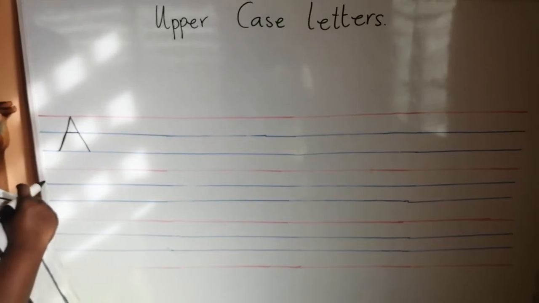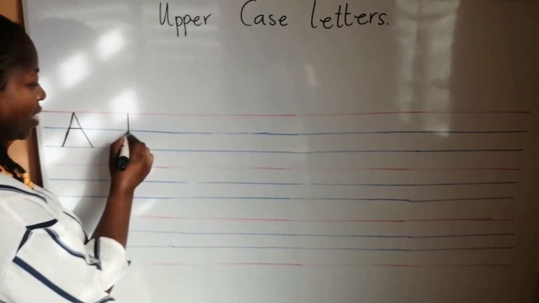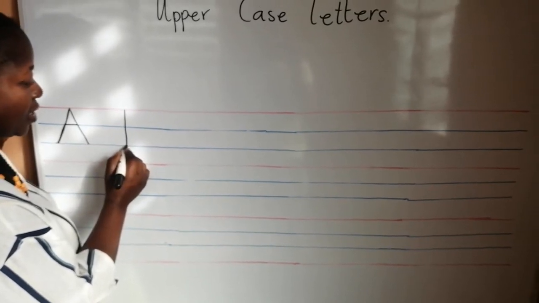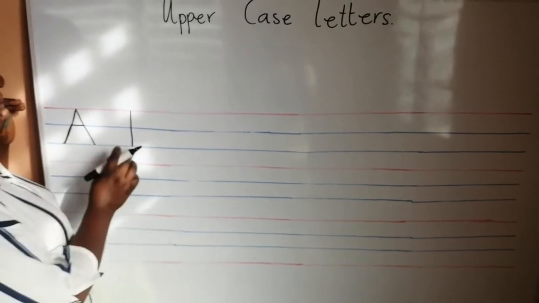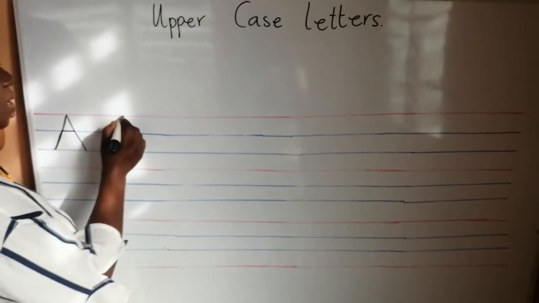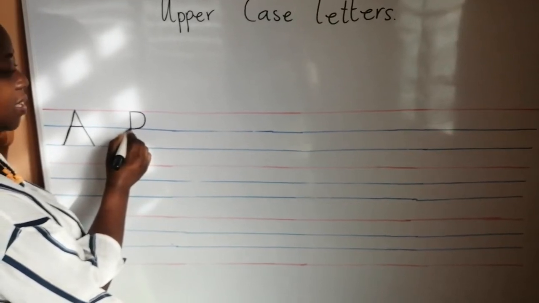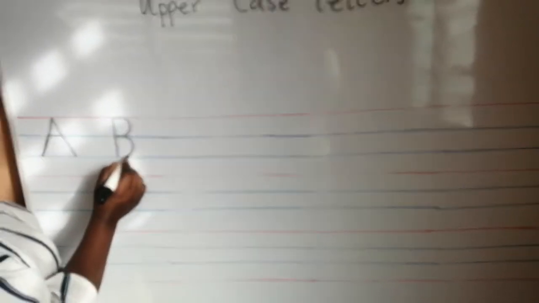That is A. Now our B, a stroke to the second blue line, or the third line, first, second, and third. Now we will curve in and another curve in down to join the stroke.